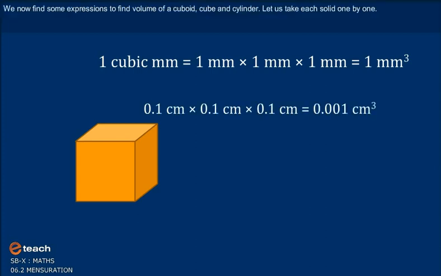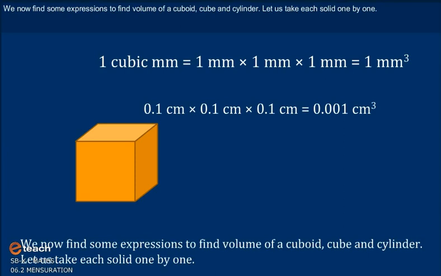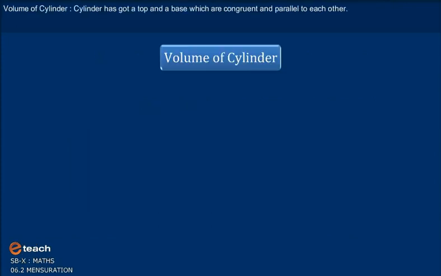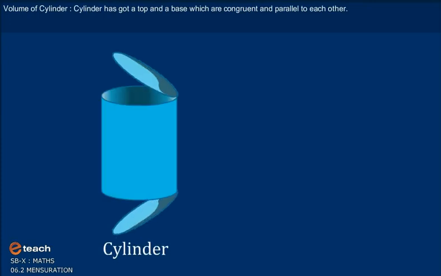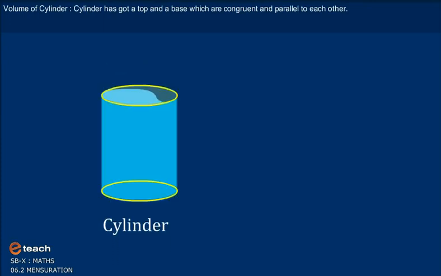We now find some expressions to find the volume of a cuboid, cube and cylinder. Let us take each solid one by one. First, the volume of a cylinder. A cylinder has a top and a base which are congruent and parallel to each other.